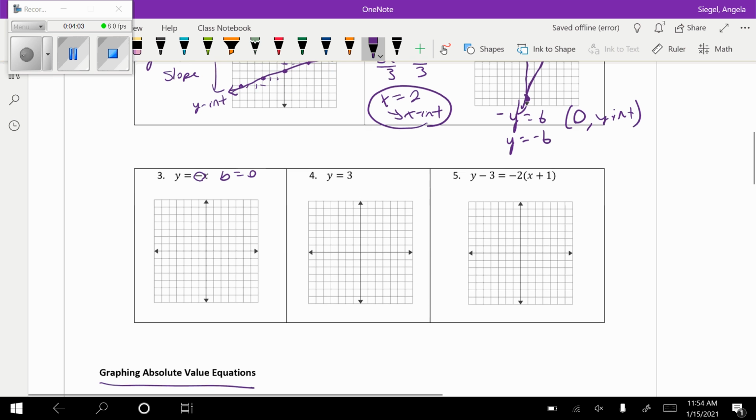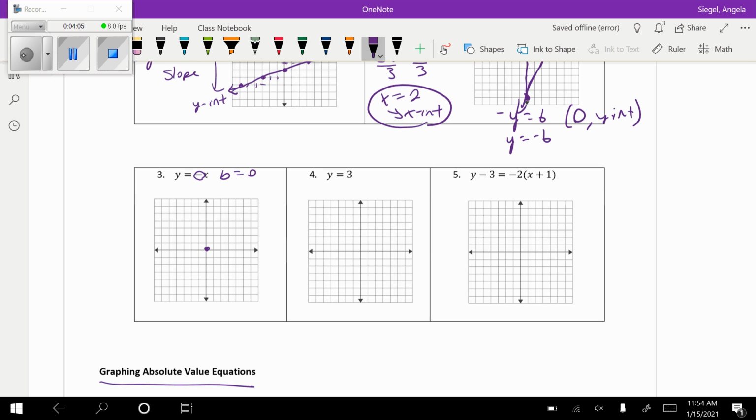It exists, it just crosses the y-axis at 0. And then our slope is going to be -1. When you just have a negative, that's an implied -1. So we're going to go down 1 over 1. We can also go up 1 and to the left 1. Notice I'm creating that negative slope. So it looks like this.